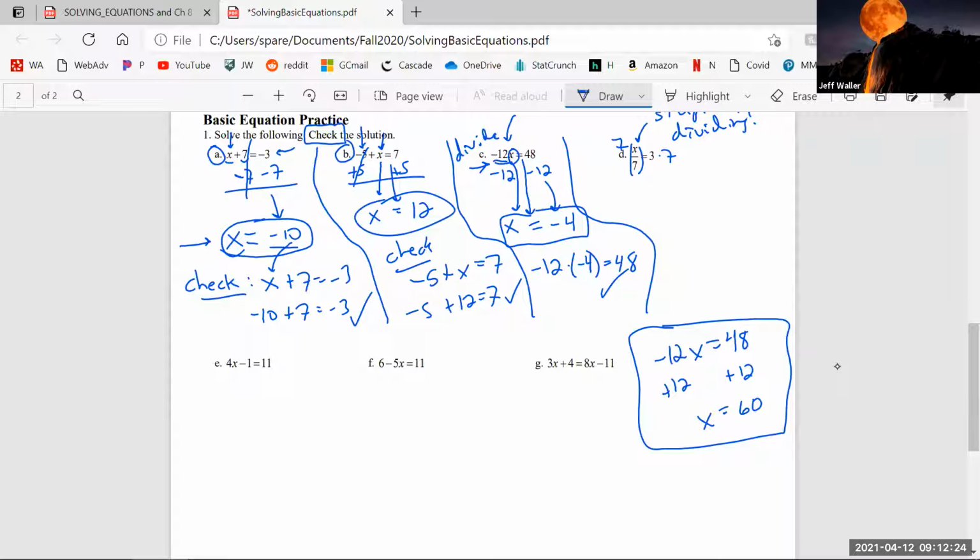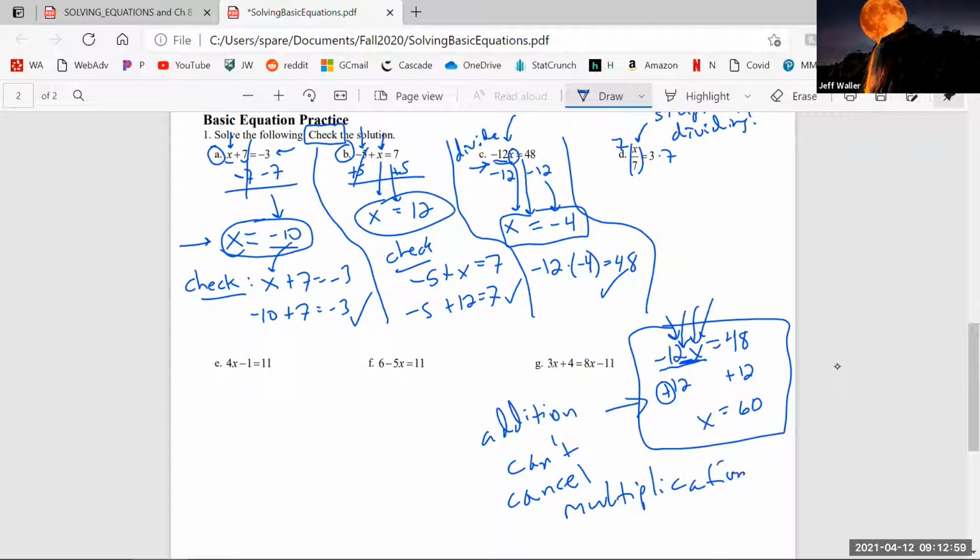So if you were the teacher, what would you write here for a student? Don't add. Why? So addition can't cancel. What's the operation? Multiplication.